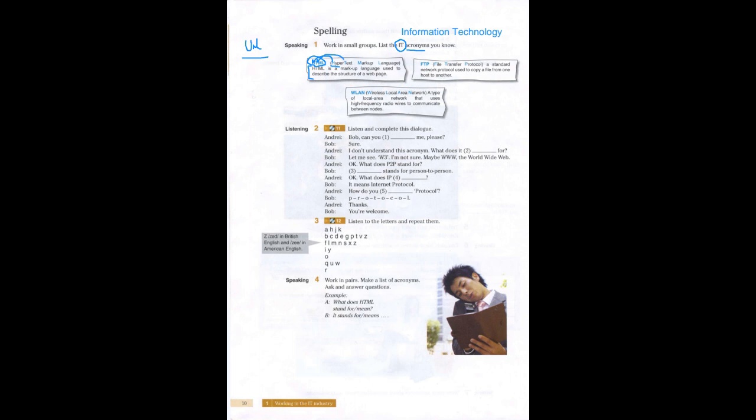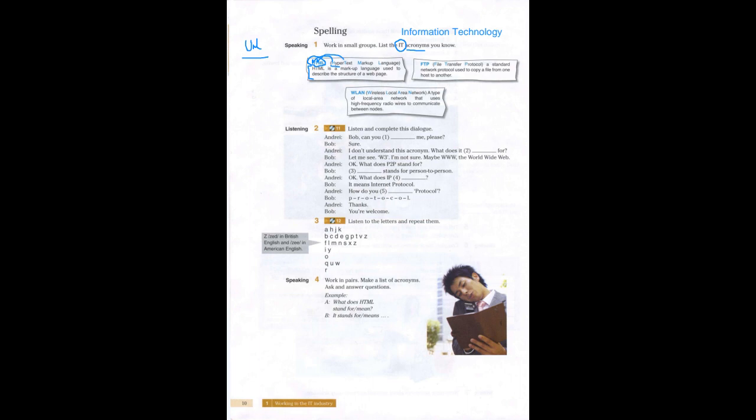You know, there is American English and British English, and there are few differences between them. I, Y, O, Q, U, W, R.